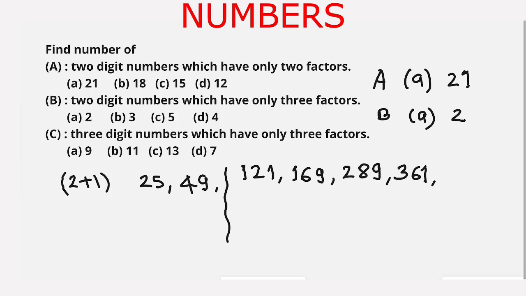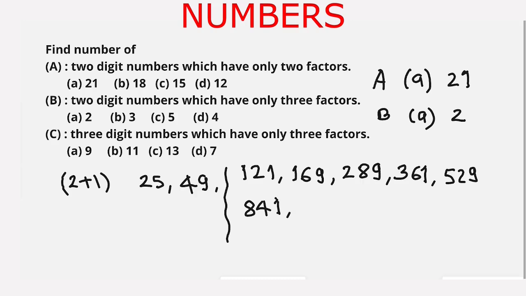The next prime number is 23, whose square is 529, and 529 is a 3-digit number which has three factors 1, 23 and 529. The next prime number is 29, and the square of 29 is 841, and 841 is a 3-digit number, has three factors 1, 29 and 841.